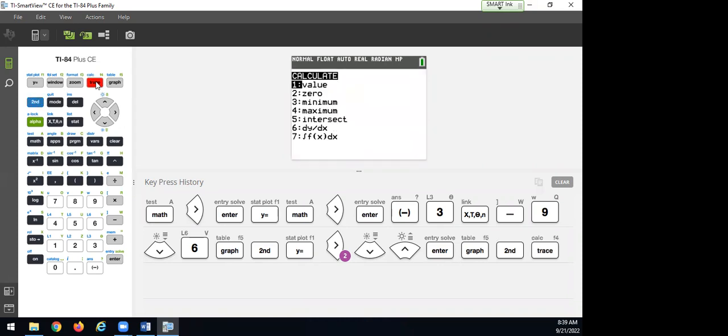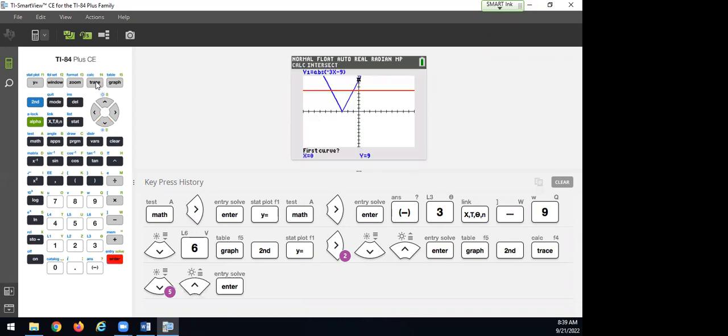Then go down to number 5 that says intersect. Then just use your cursor. I'm going to go to this one first and click enter 3 times. 1, 2, 3. Notice x is -1 when y is 6. So you know that the first option is correct.